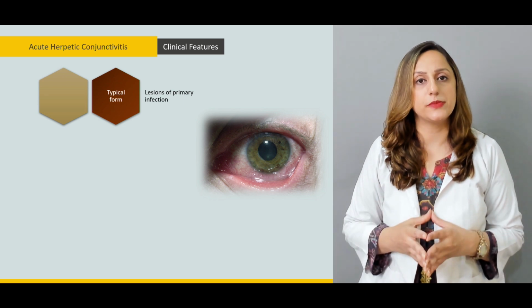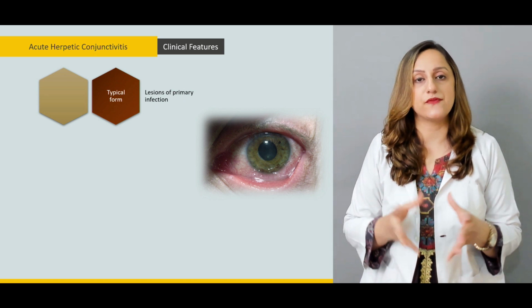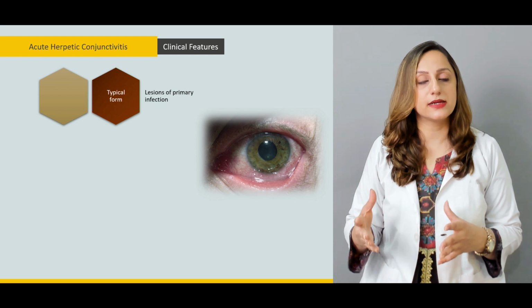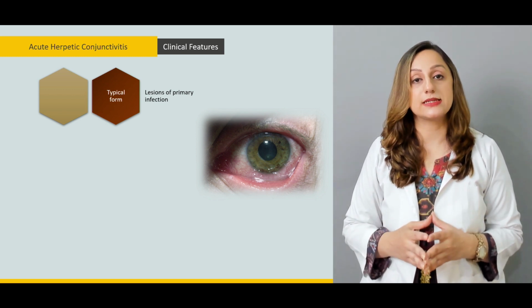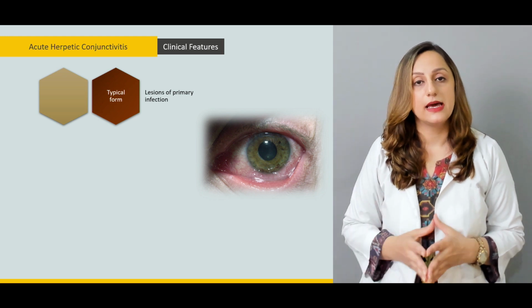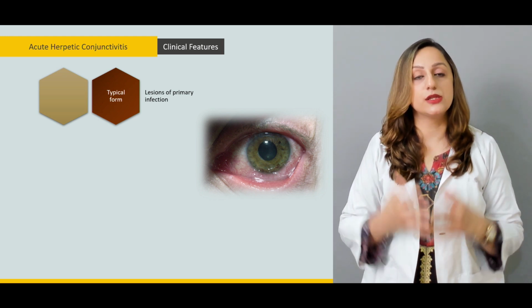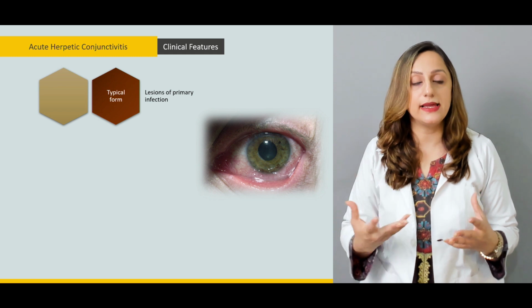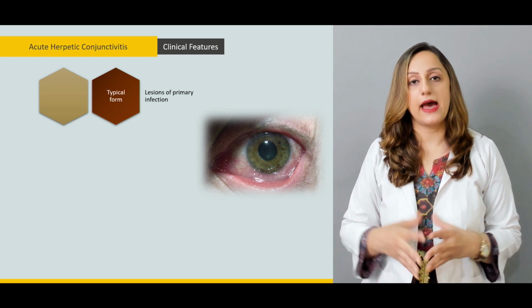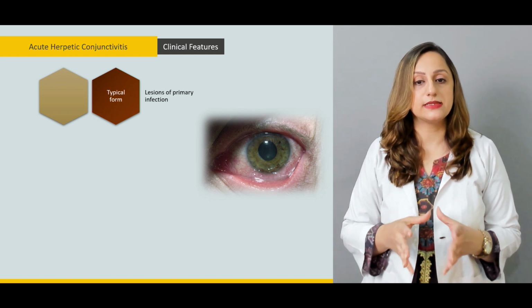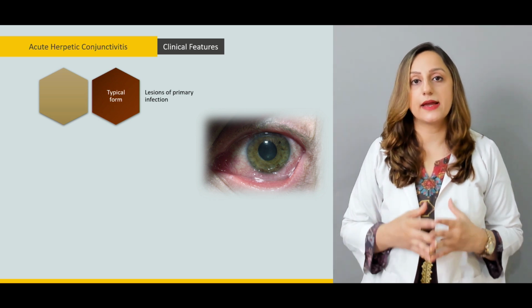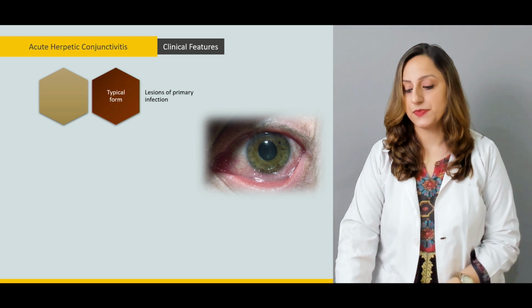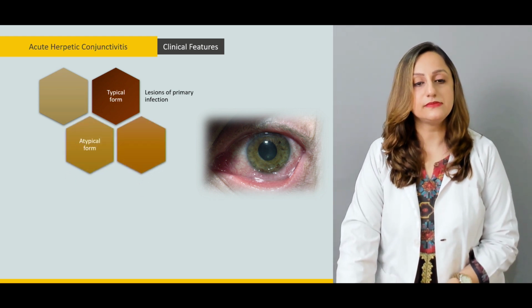Usually it is more common in children, in whom we have the vesicular herpetic infections, which in layman's terminology are known as chickenpox vesicles, found locally. They would be present on the eyelids and on the face, which is suggestive of the acute herpetic conjunctivitis cases we are dealing with.